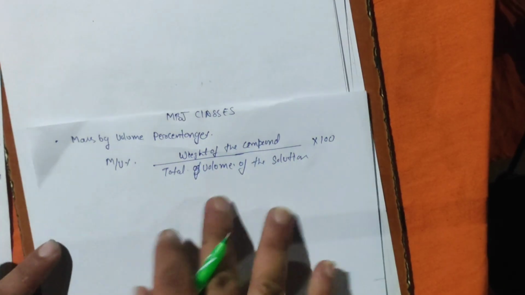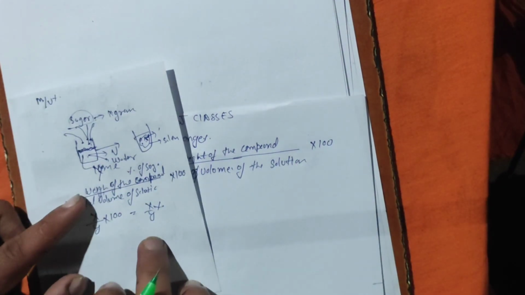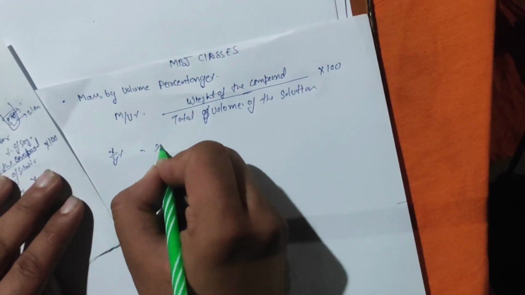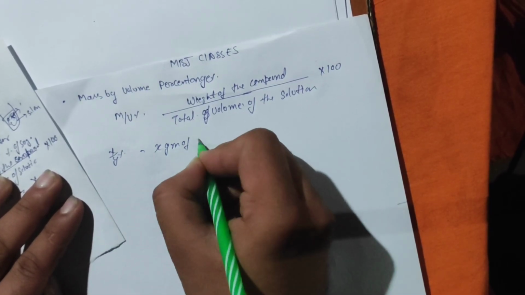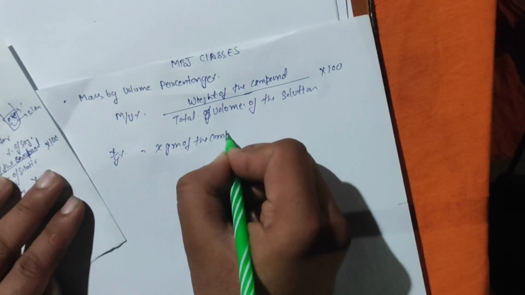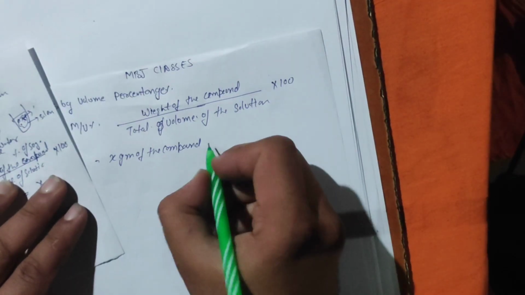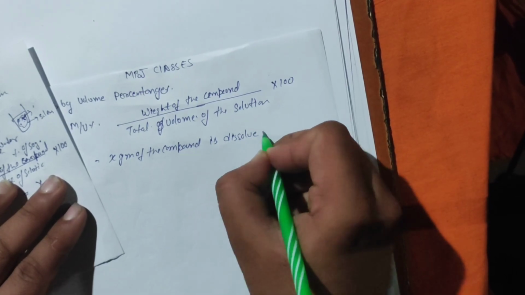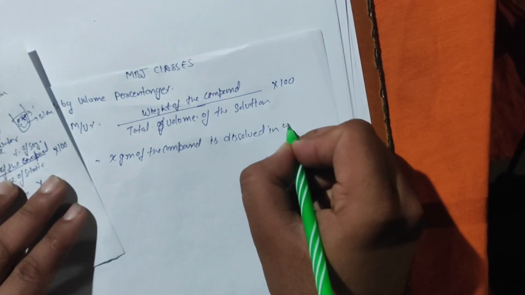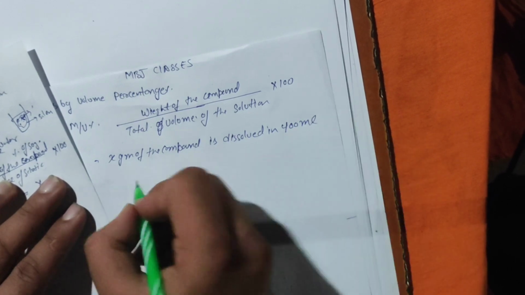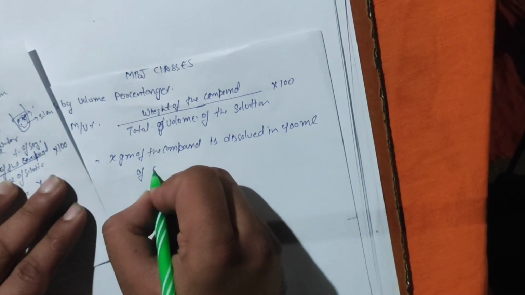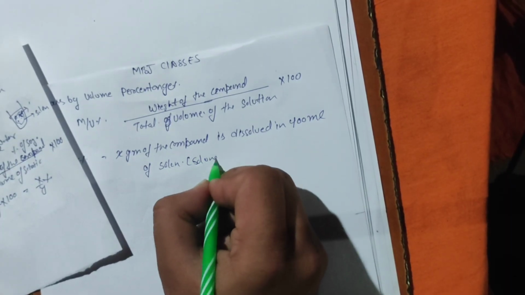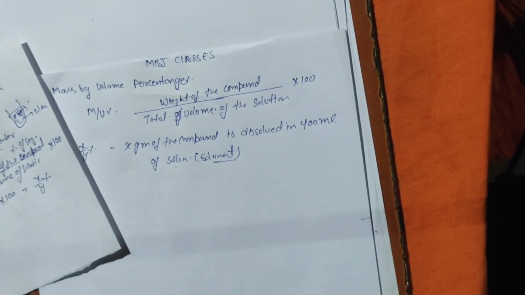In this example, if I say x upon y percent, I mean that x gram of the compound is dissolved in 100 ml of the solution.